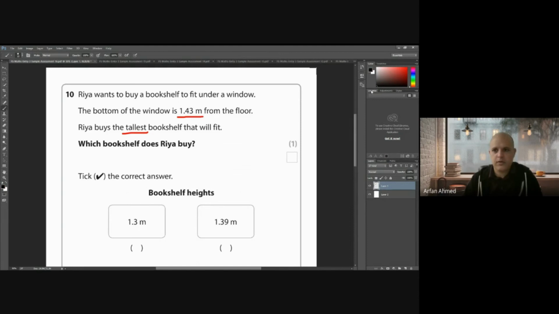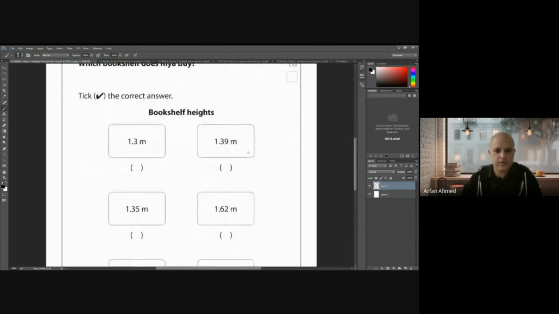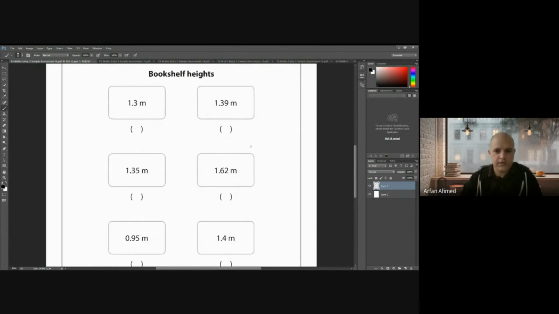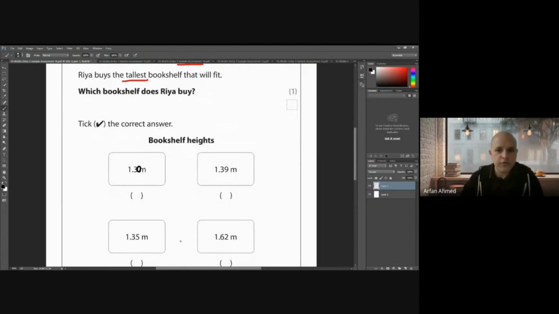Yeah. So, these are all different decimals. So let's put a 0 here so we can compare. Let's put a 0 here as well. Yeah, so now they're all 2 decimals now. What do we have to get close to? 1.43.